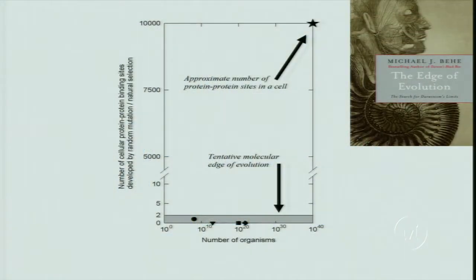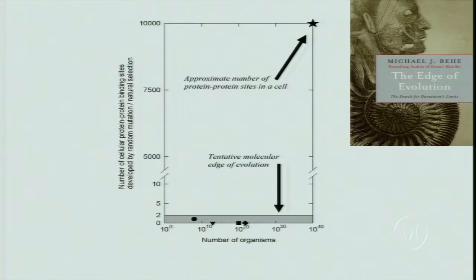And in my book, I argued that, in fact, to get 2 new protein-protein binding sites to develop by random changes and natural selection would require 10 to the 40th organisms. 10 to the 40th power organisms. And it turns out that is slightly more organisms than have ever existed in the entire history of the world, including microorganisms.